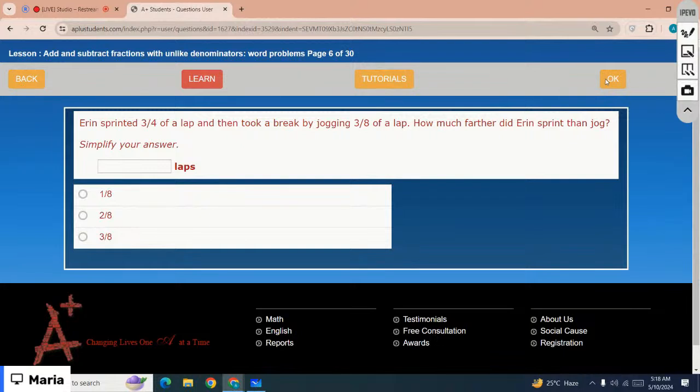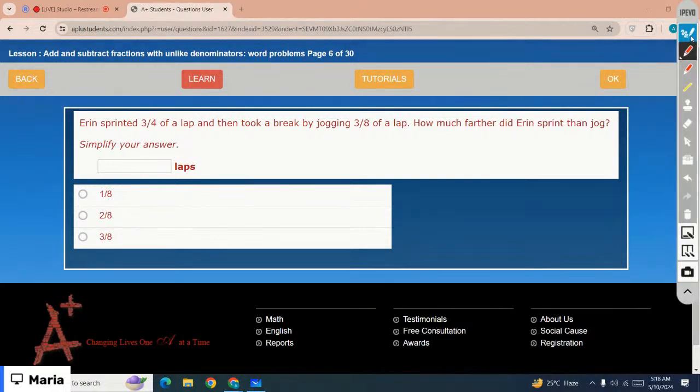You have to subtract, right? 3 by 4 minus 3 by 8. So that would be 6 over 8 minus 3 over 8, and that equals 3 over 8. So the correct option is 3 over 8.